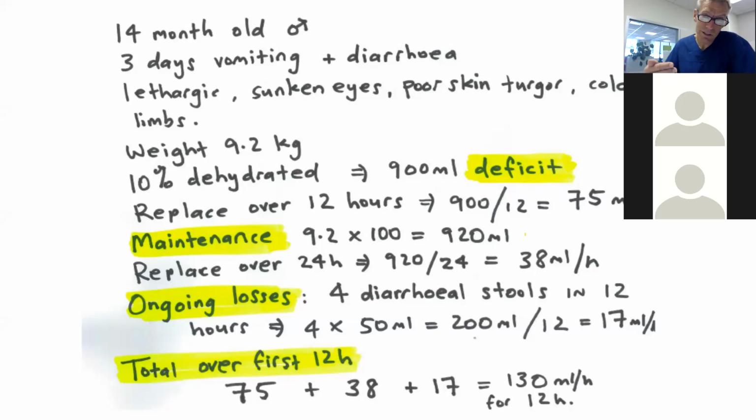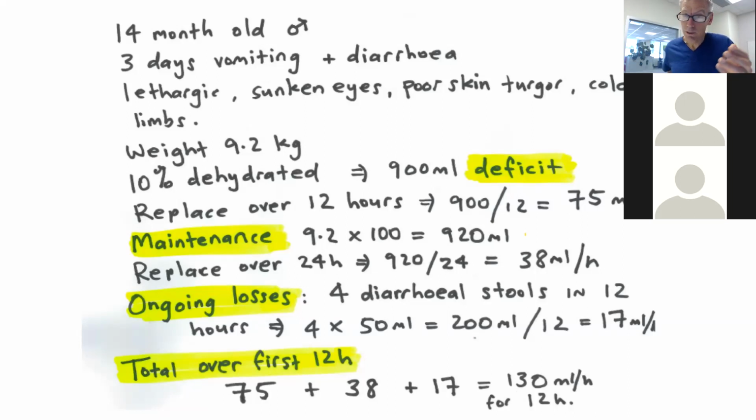And I would always come back and look at the child after a few hours and see if, one, they've got more diarrhea or they've got more vomiting, in which case you might need to increase the amount of fluid that you give them, and definitely come back at 6 hours and 12 hours and see if the child's showing signs of rehydration. The reason you have to reassess is because all of these are estimates.